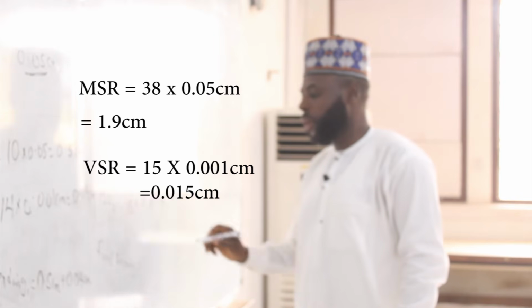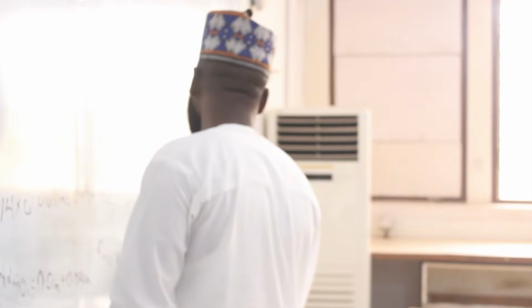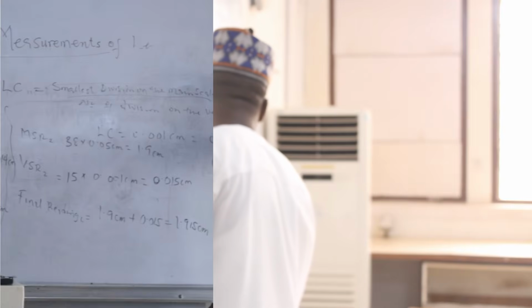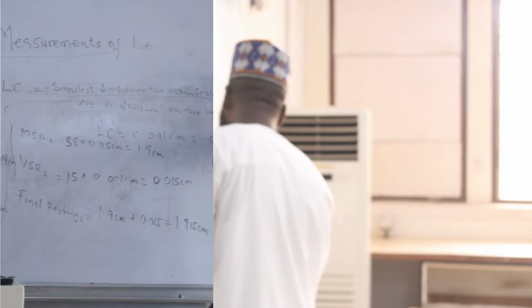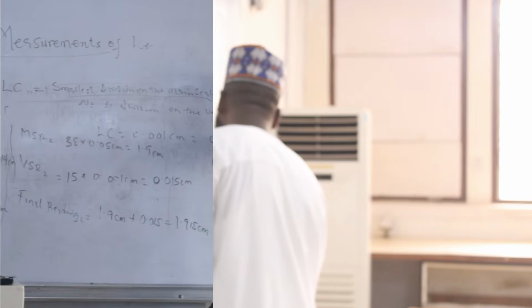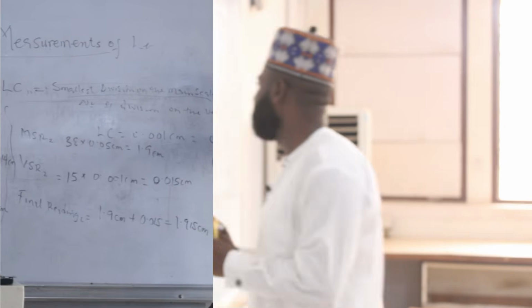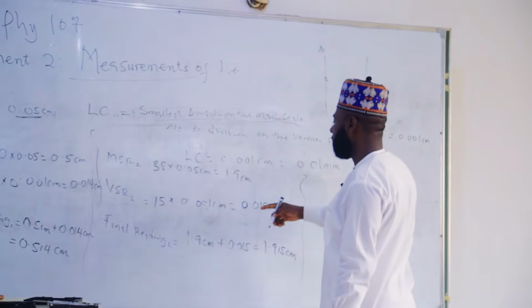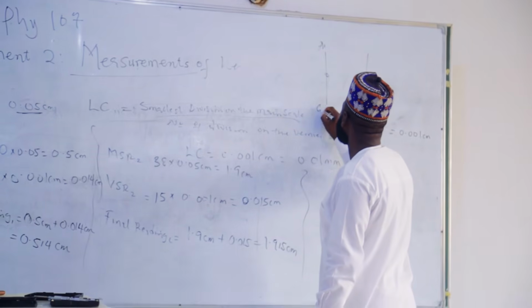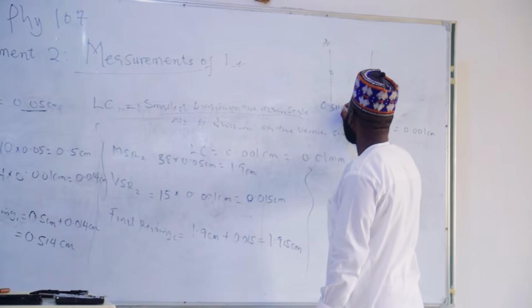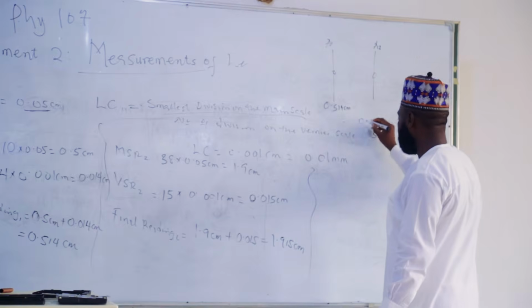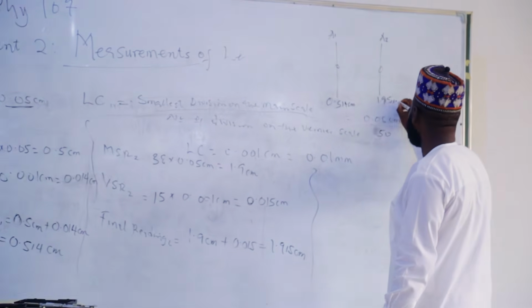and this will give us 0.015 centimeter. So our final reading is now going to be the addition of our main scale reading, which is 1.9, plus 0.015, which equals 1.915 centimeter. Now, in order to get the distance between these 2 points: the first point is picked at 0.514 centimeter, and the second point, which is A2, is picked at 1.915 centimeter.